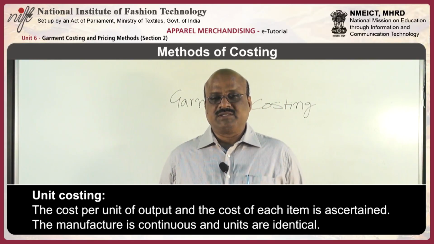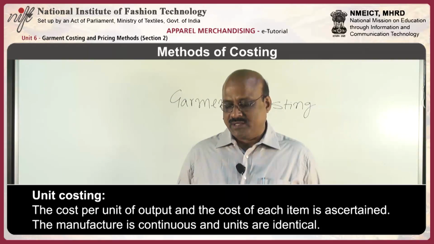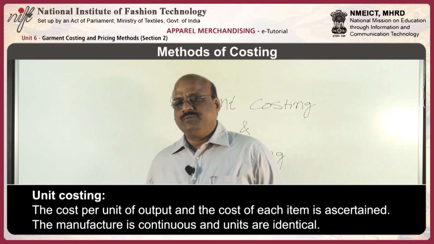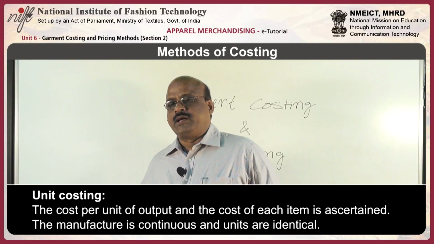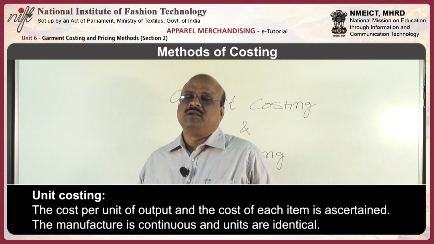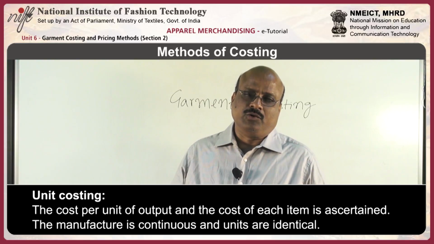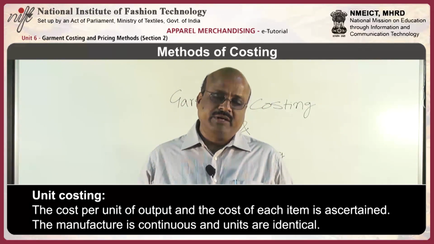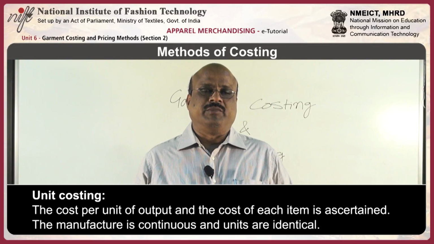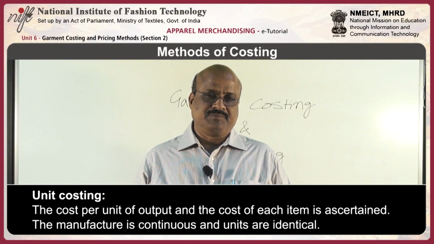The manufacture is continuous and units are identical. So this is possible when the units produced are all identical and the manufacturing process is continuous. Then only unit costing makes sense.